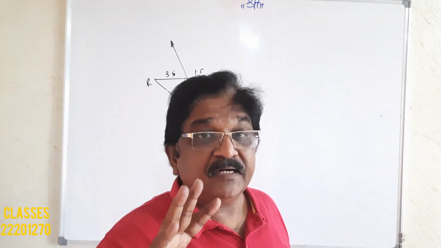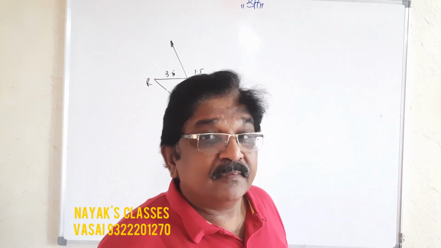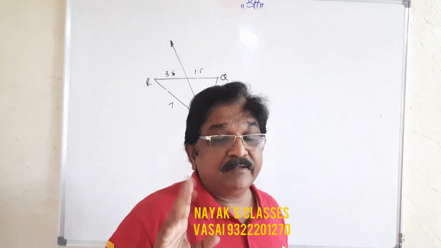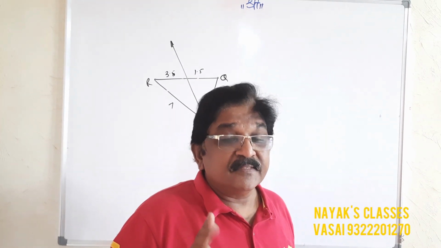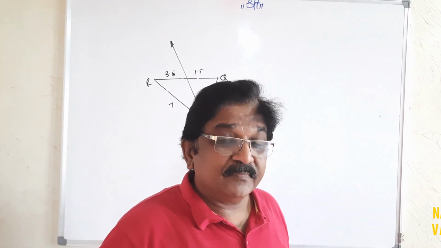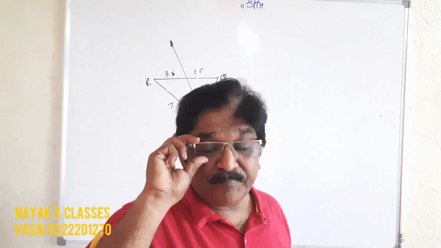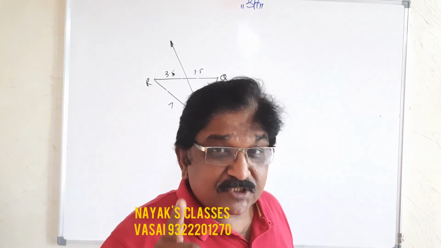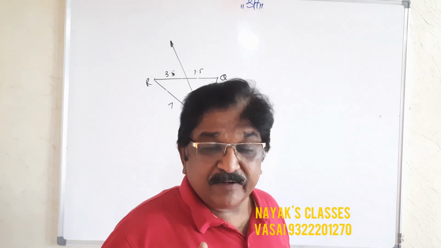Remember, if the ratio is the same, the given ray is a bisector. That means converse. So it is the converse of the angle bisector theorem we have to use.